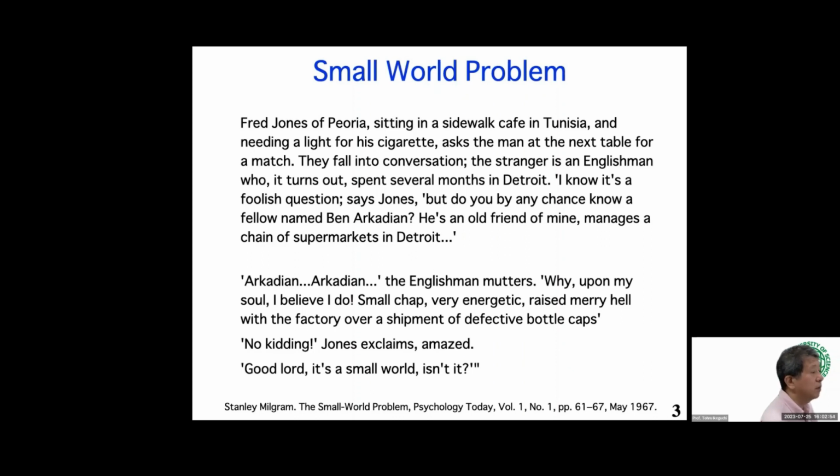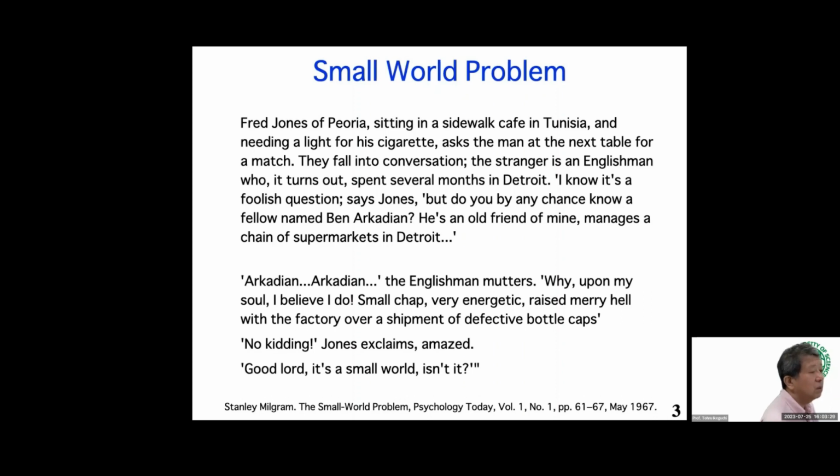Fred Jones of Peoria, sitting in a sidewalk cafe in Tunisia and needing a light for his cigarette, asked the man at the next table for a match. They fall into conversation. The stranger is an Englishman who, it turns out, spent several months in Detroit. "I know it's a foolish question," said Jones, "but do you by any chance know a fellow named Ben Arcadian?